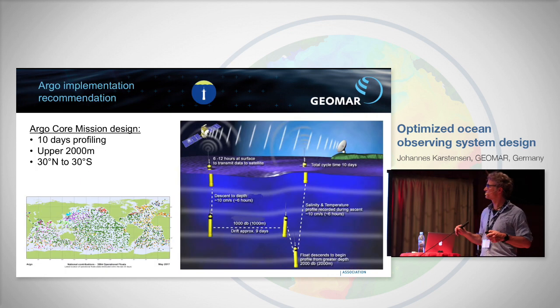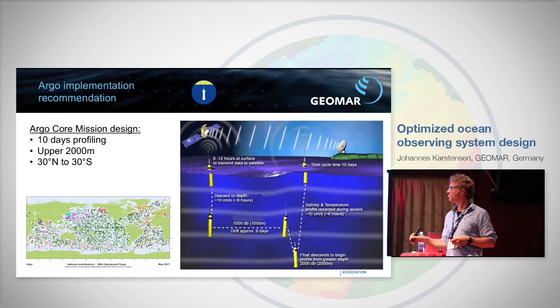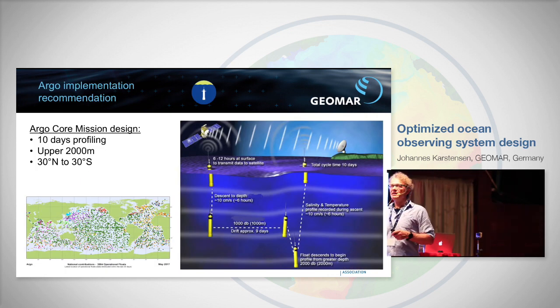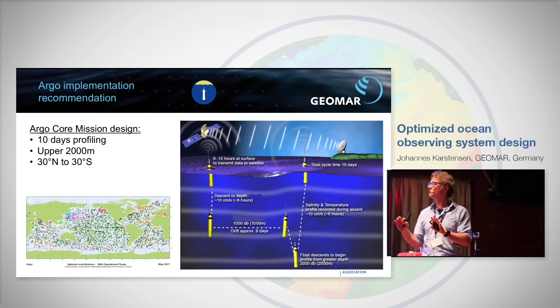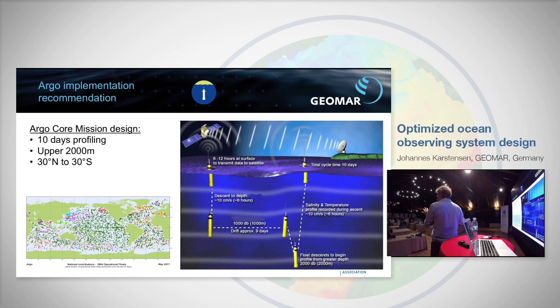This design is really being done by having only one platform, which is Argo, and that platform is now responsible for the information that brings out the changes in heat content on seasonal timescales.